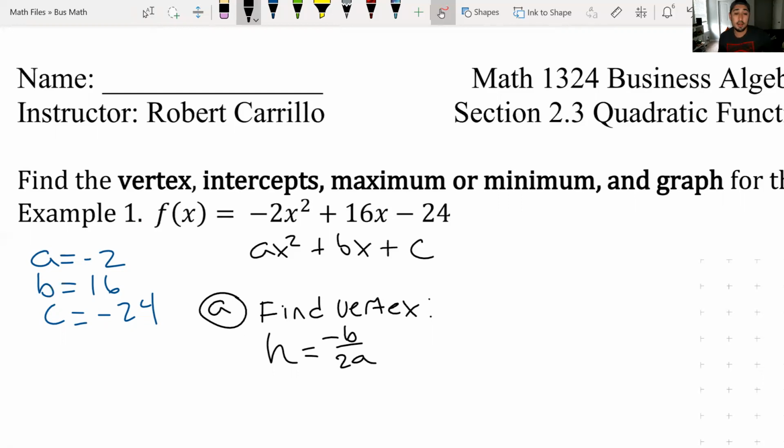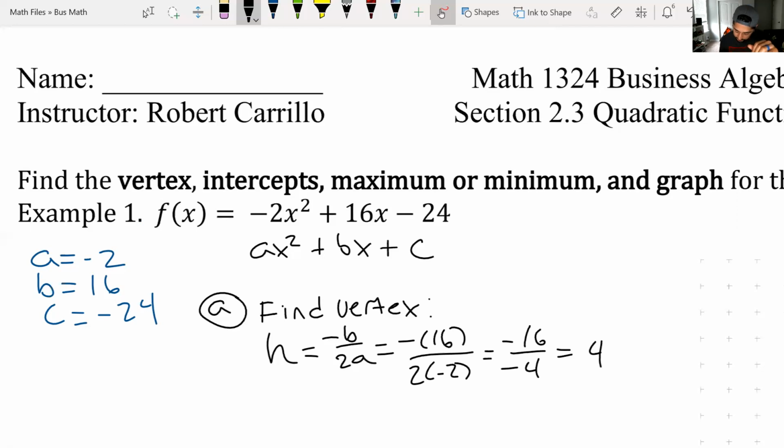Well, guess what? It's a good thing we labeled b, and it's a good thing we labeled a, so now we can plug in for b and a. So let's do that. We get negative 16 over 2 times negative 2. Negative 16 over negative 4 gives me 4. There's our H value. Okay.